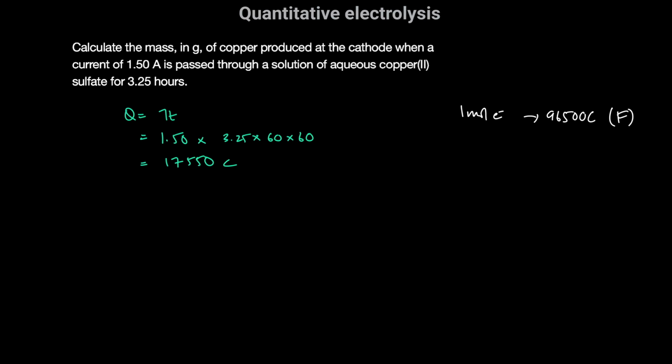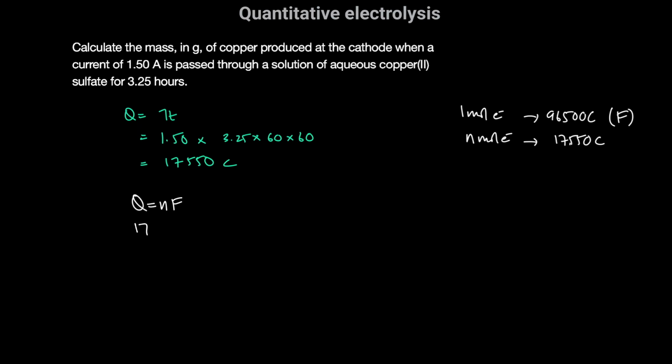Right? So we can find the number of moles of electrons that carry a charge of 17,550 coulombs, right? This is basically using the formula Q is equal to NF, where N is the number of moles of electrons, F is Faraday's constant, and Q is the charge, right?